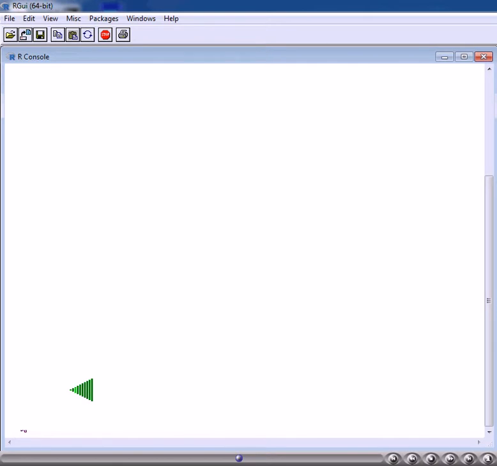2 plus 3 into minus 4 will give minus 10. Again, here you can see the beauty of R. This statement may not be acceptable in programming languages. That is, a multiplication followed by minus without any space is not going to be acceptable in the majority of programming languages.